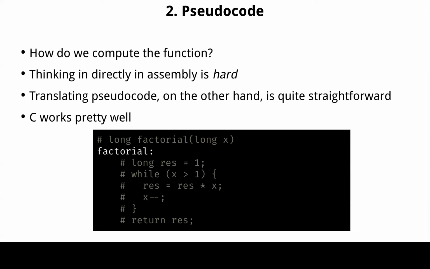Because at the assembly level, you don't have those anymore. At the assembly level, you only have addresses. The variables are just addresses and memory ranges in memory, and those loops are just unconditional jumps. So you probably want to have some pseudocode like this, then try to translate it into assembly.